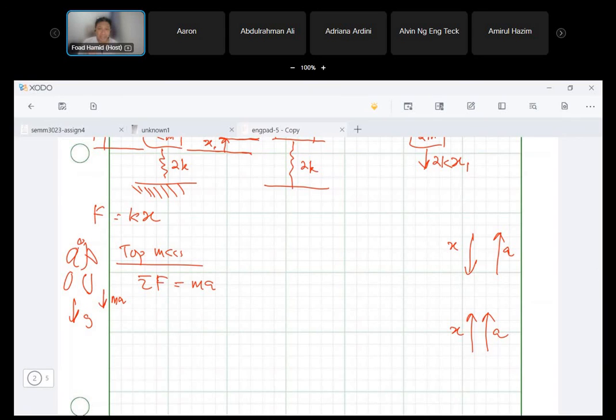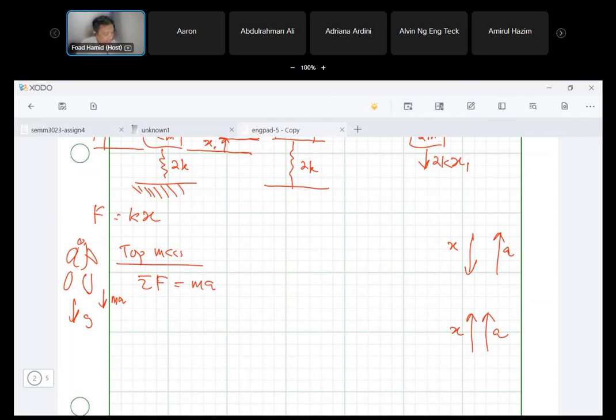Note that ma is the change of momentum, right? So the a direction is positive according to the x direction. If x is upward, then the acceleration due to the change of momentum must be in the same direction as x.